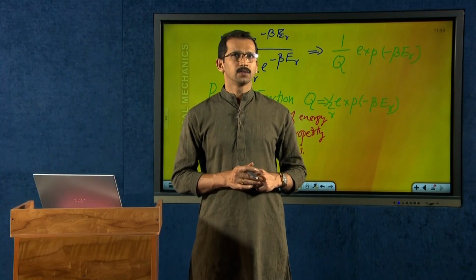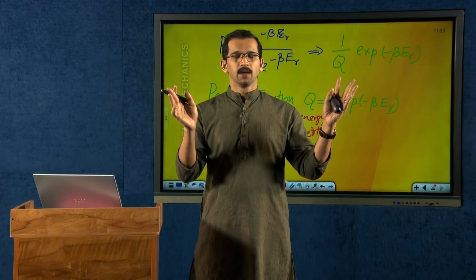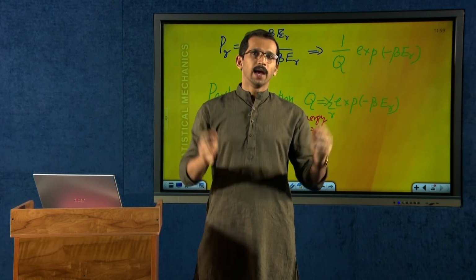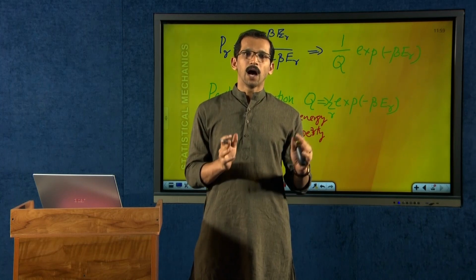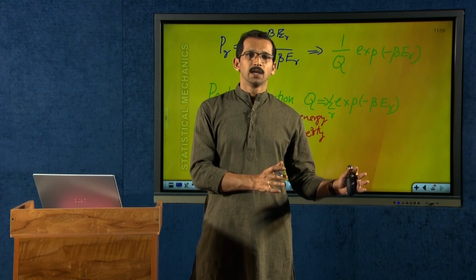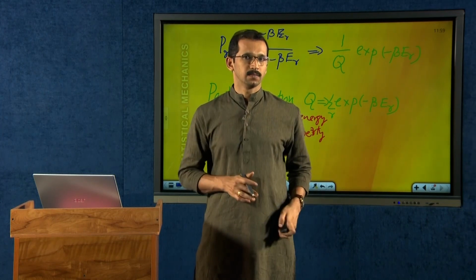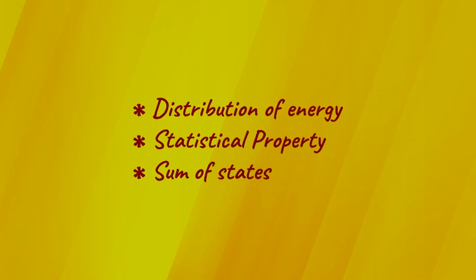You have the total microstates, the energy is distributed among various microstates, and the partition function tells us how much weight each of these microstates has in terms of the energy. These are the three important characteristics we can study based on the partition function.